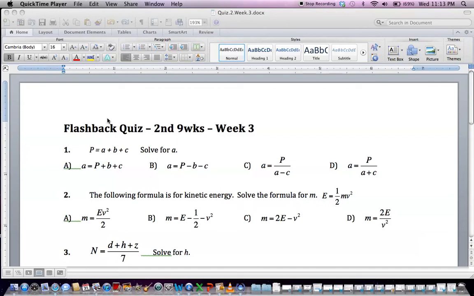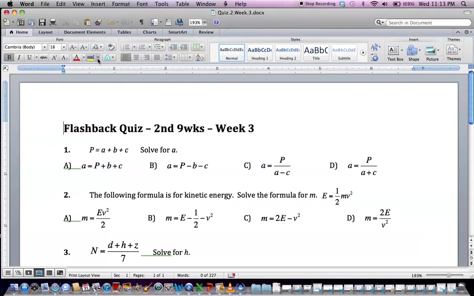Number 1, P equals A plus B plus C. Solve for A. Okay, so we're going to solve for A. That's very, very important. These are the literal equations that we've worked on all week for the last couple of weeks.